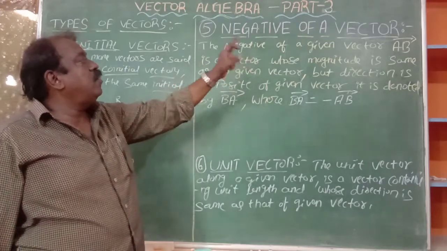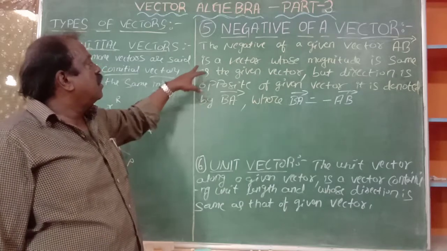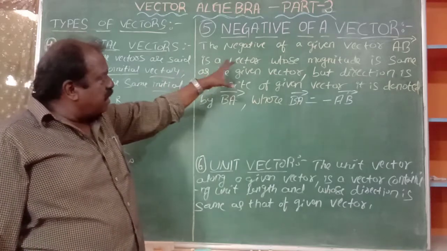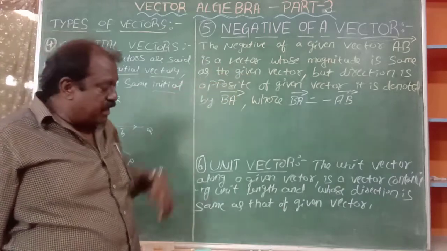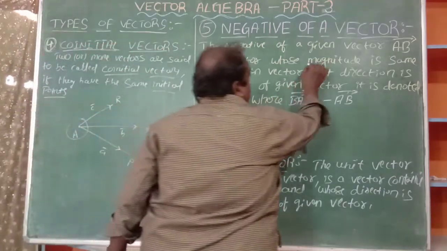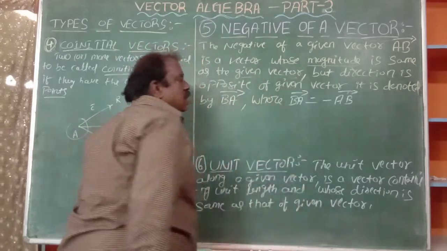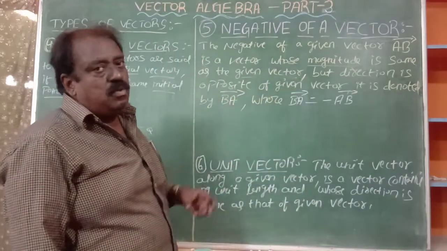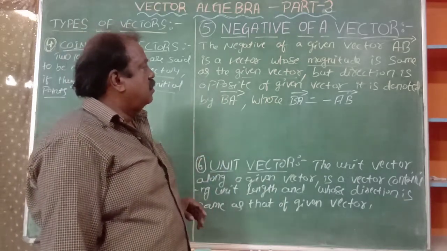The negative vector of a given vector A bar is, first of all, a vector whose magnitude, observe, whose magnitude is the same as the given vector. Suppose the given vector has 10 units, then the negative of the vector also has 10 units.